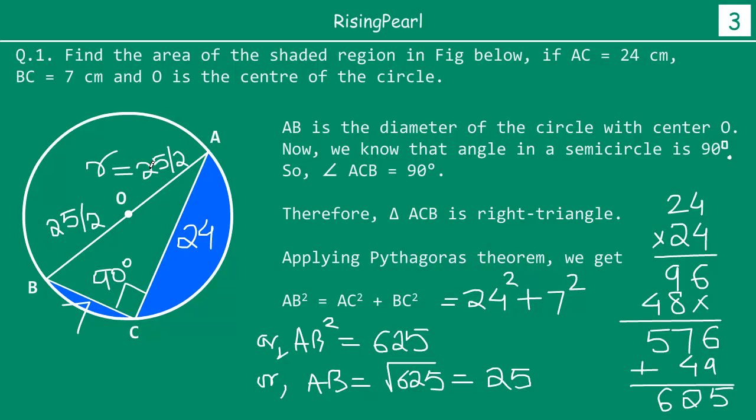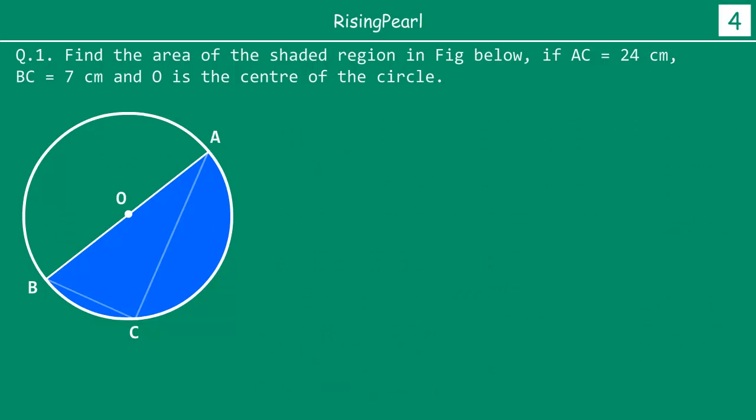So now that we have found out the radius, let's give ourselves a little bit more space here. Since we know our radius, we can say now area of the whole circle is equal to pi r square.